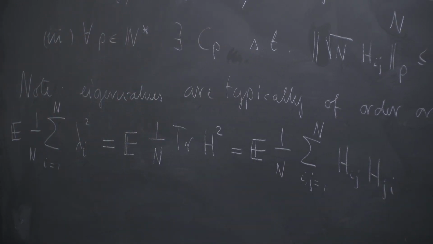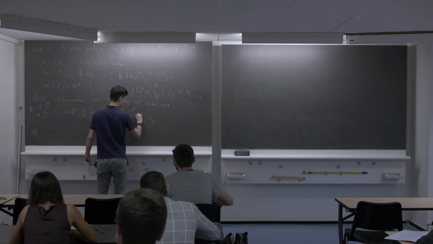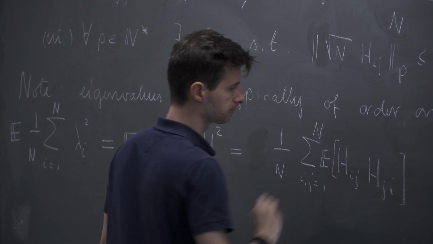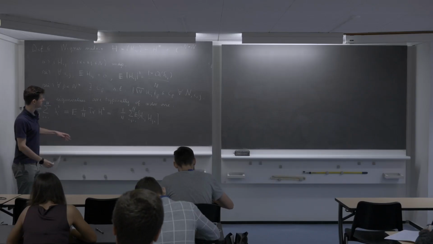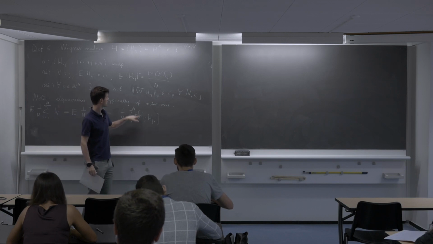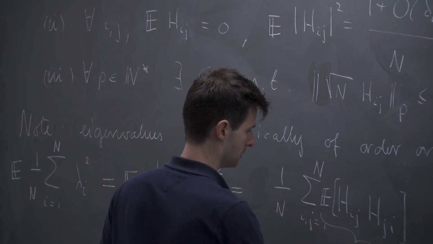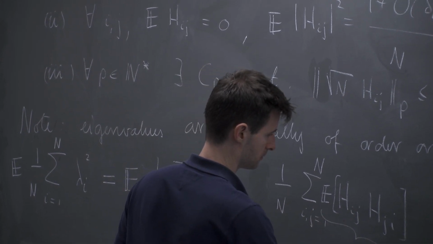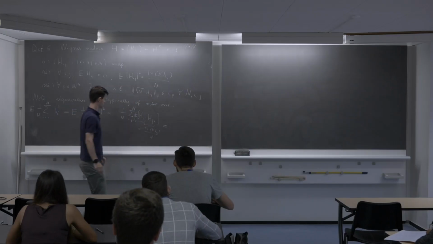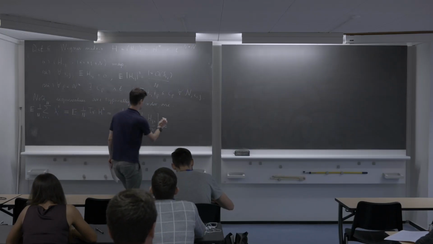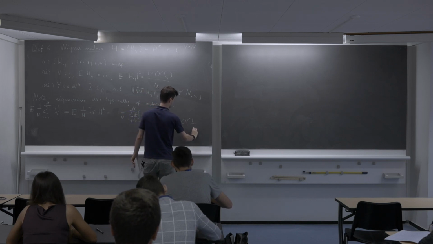Now maybe I can bring the expectation inside. And now I just use this condition. H is Hermitian, so this thing is precisely equal to the expectation of h_ij squared. So this is equal to 1 plus, which means you get precisely 1 plus big O of 1 over n.